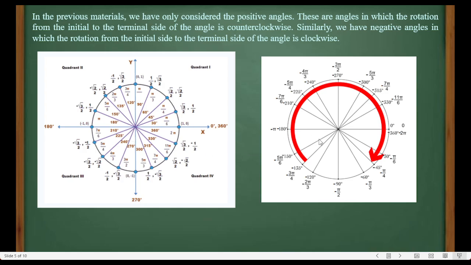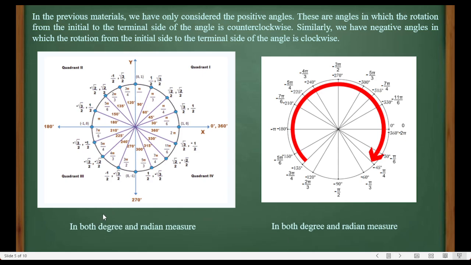While on the second figure, you will notice that the angular measures are all negative because the direction of rotation that is being considered here is clockwise from the initial side going to the terminal side in this direction. So this is why each of the following angular measures is negative.